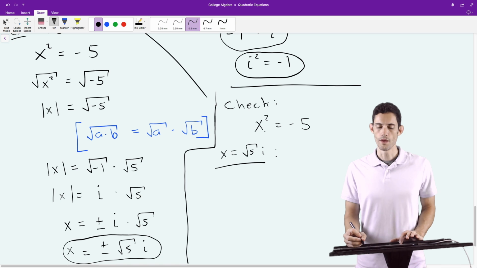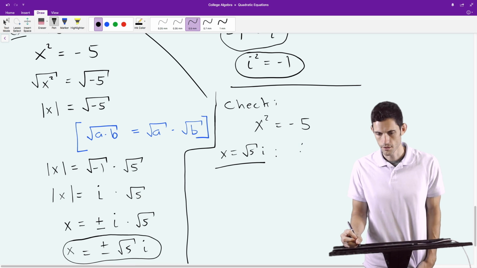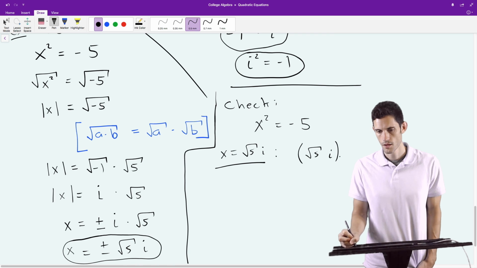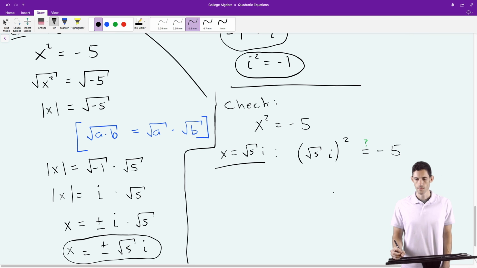So the equation says x squared. So I'm going to write x. x is the square root of 5 times i. So that squared should equal negative 5. I'm going to put a little question mark here because I don't know that those are equal. That's what I'm checking.